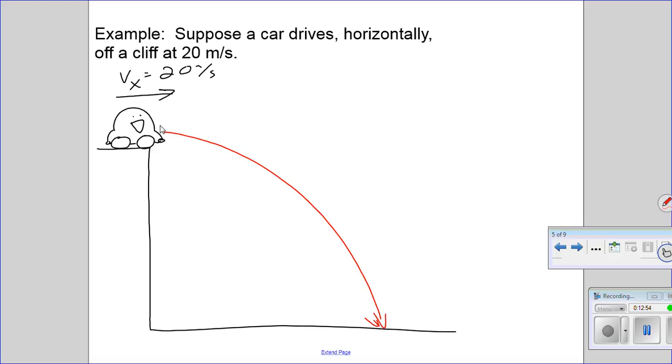All right. Now, let's suppose the car takes 4 seconds to hit the ground.